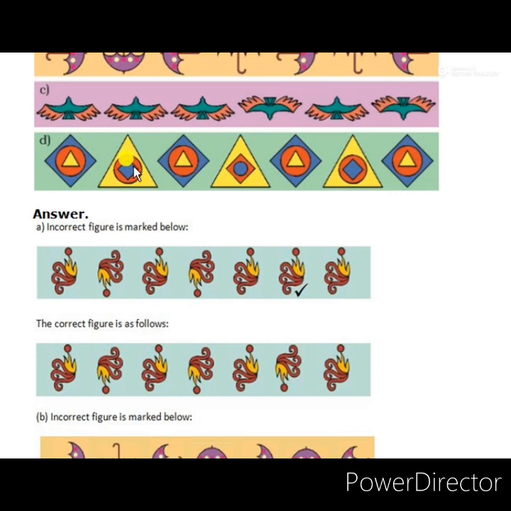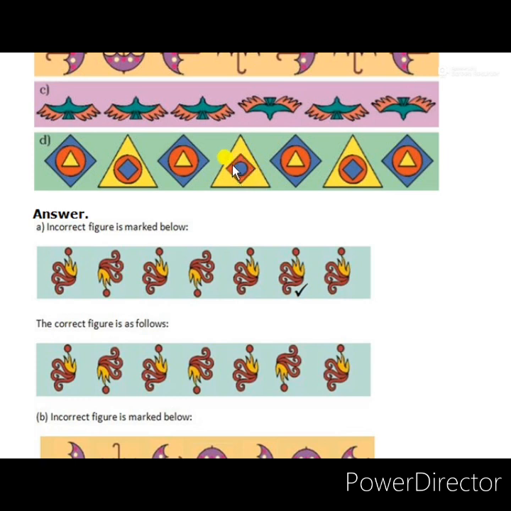Now you observe the triangular pattern. The first triangle is yellow, inside that there is an orange circle, and inside that there is a diamond shaped purple or violet color. Now observe the second triangle. In the second triangle also the triangle is yellow, but here the circular design is not given inside.